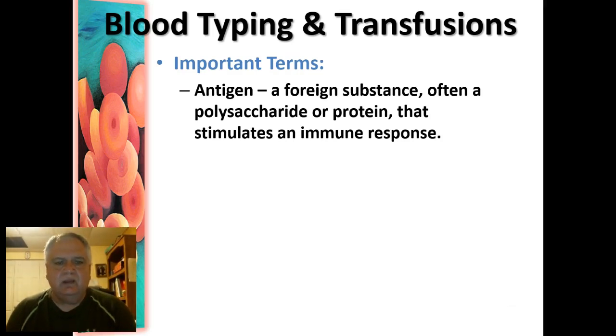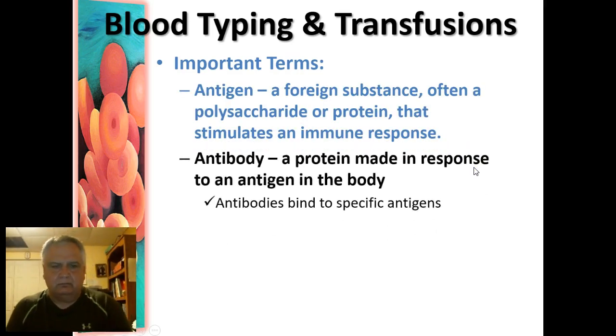Whichever it is, this antigen is something that stimulates the immune system to respond as something foreign entering the body, and usually something foreign is going to mean problems for the body. So the immune system responds by trying to eliminate this antigen or this foreign substance. Another term associated with blood typing and transfusions is an antibody.